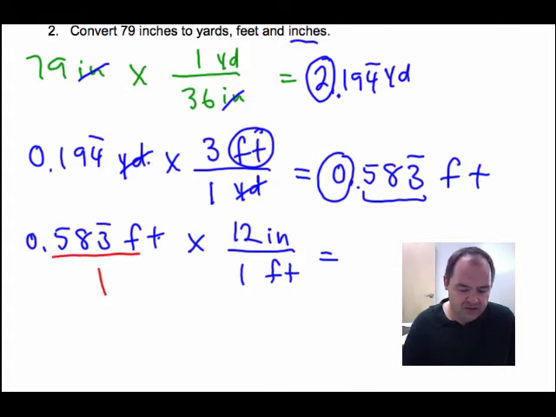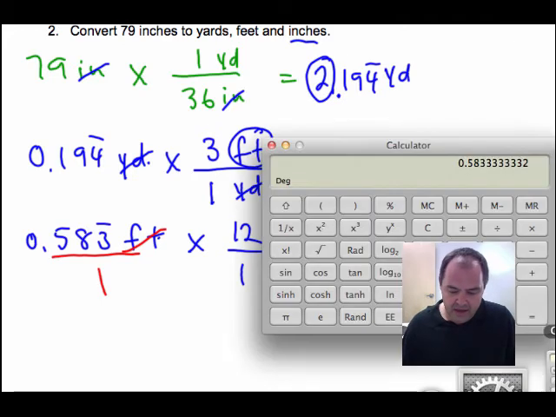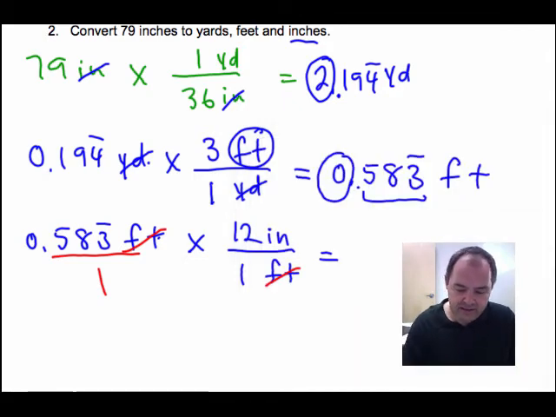Multiply the 2 fractions together, the feet cancel out, and we are going to go 0.583 repeating, multiply by 12, which gives us essentially, if all our numbers were perfectly accurate, 7 complete inches.